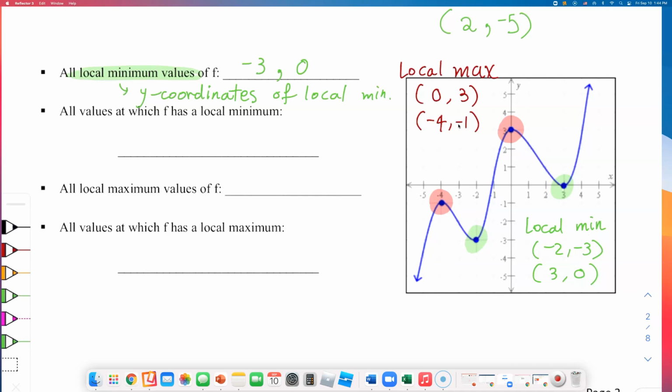All right, next question is asking all values at which it has local minimum. So this is asking for the x coordinate of local min. And the x coordinates are -2 and 3. So you just have to write down -2, comma, 3.